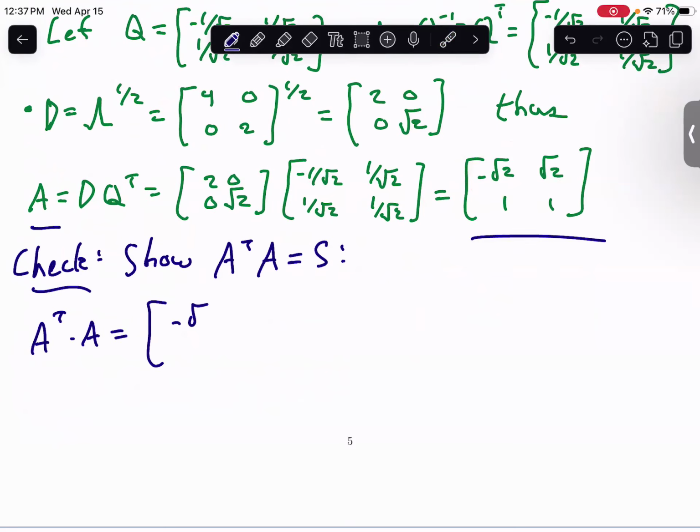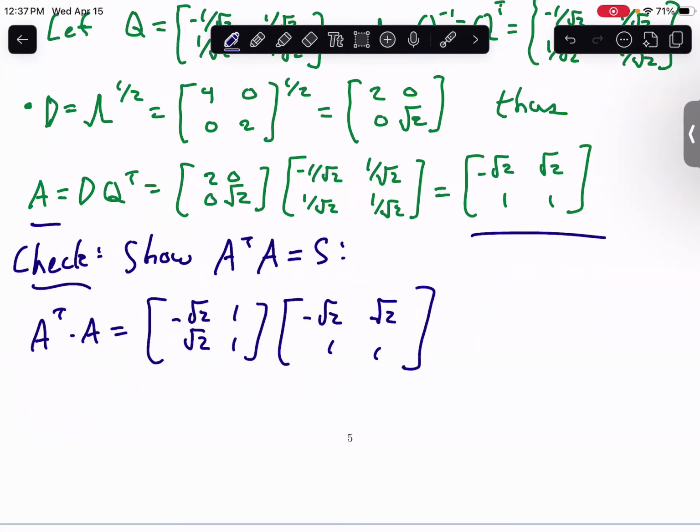So this is minus the square root of 2 and then the square root of 2. And then the second row becomes the second column. So you get 1, 1. You then multiply by the original A that we had. And if you perform this multiplication, you get minus square root of 2 times minus square root of 2. That's equal to 2. And then you do 1 plus 1. That'll give you a 3.